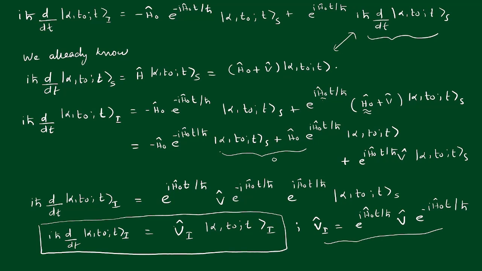So I'll just write it like this. We can take this as the guiding equation and say that generally operators are related like this. You could also start with this as the definition. This gives us a way to define the operator in the interaction picture.